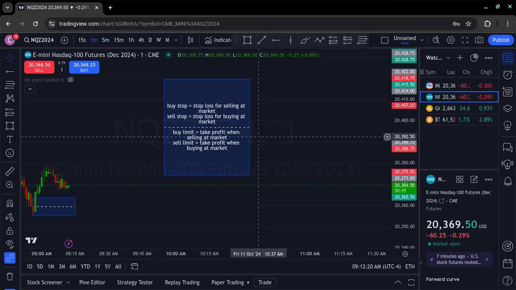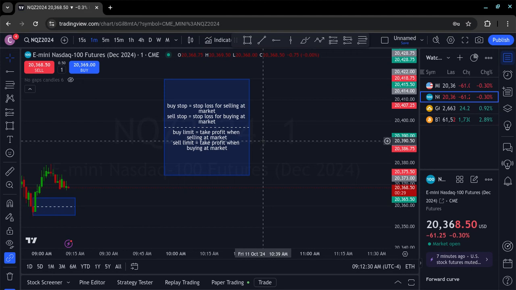One more time. When you're selling, you use a buy stop for your stop loss and a buy limit for your take profit. And when you're buying, you use a sell stop for your stop loss and a sell limit for your take profit.